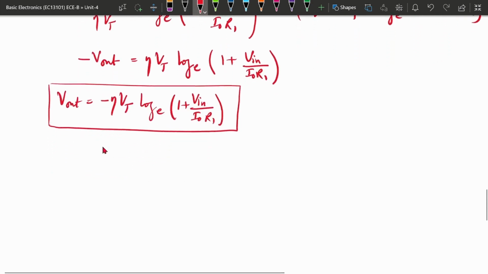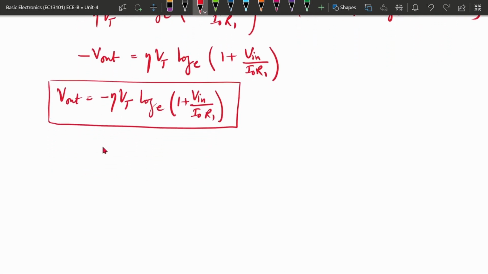One more point we can consider, just to simplify this expression. In the case of a diode, the I naught is called the saturation current, IS or I naught, the reverse saturation current that is flowing.